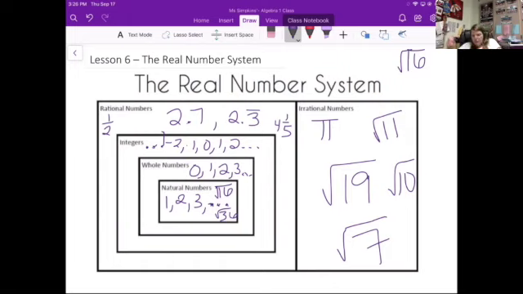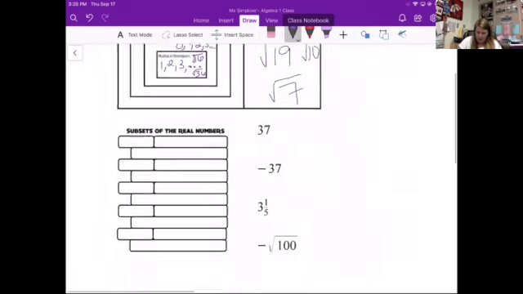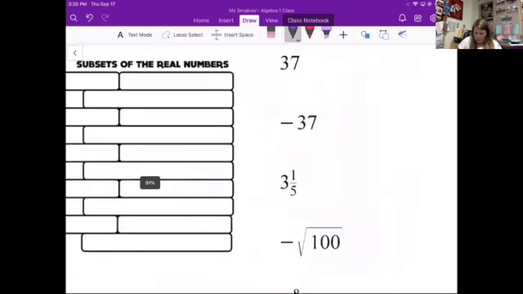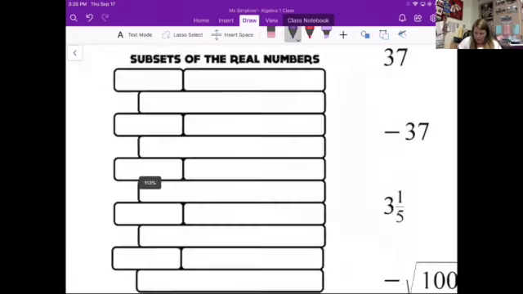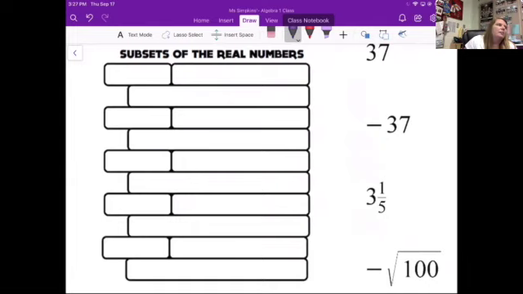Okay. So these categories actually have special letters that go with them. If you want to scroll right underneath here, we're going to assign them letters. And I'm not just making these letters up. These are the official math letters for each of these categories. So natural numbers, what letter would make sense to represent natural numbers?